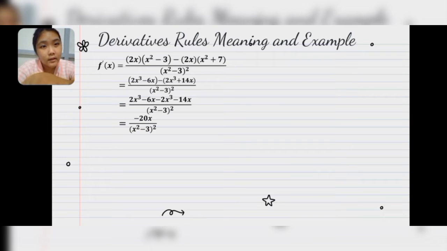We type 2x in here, and then the v is x to the second power minus 3, and then minus derivative of v is 2x, and then we type the u is x to the second power plus 7 per v squared, x to the second power minus 3 to the second power, and then equal 2x to the third power minus 6x. We use schema multiplication. Okay.